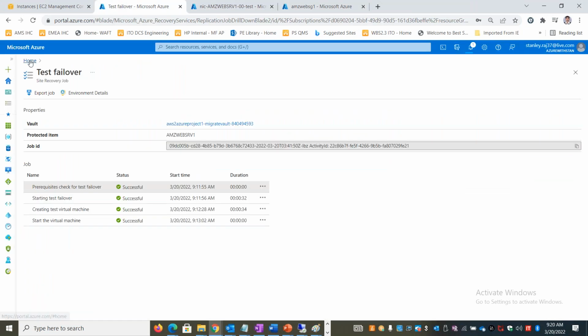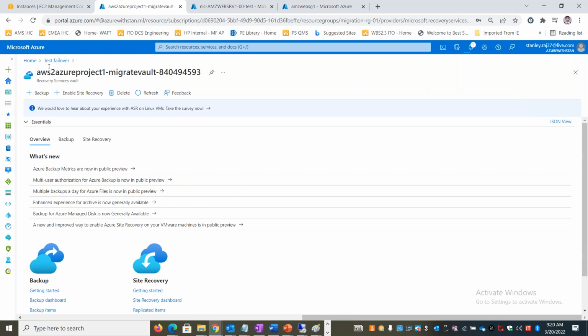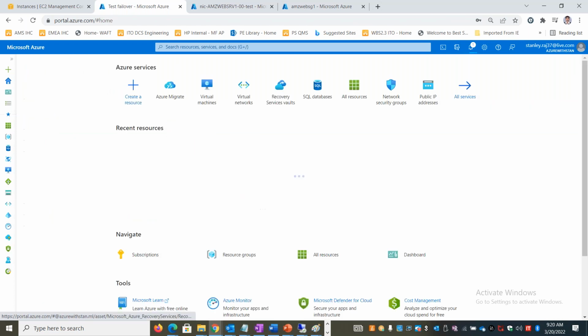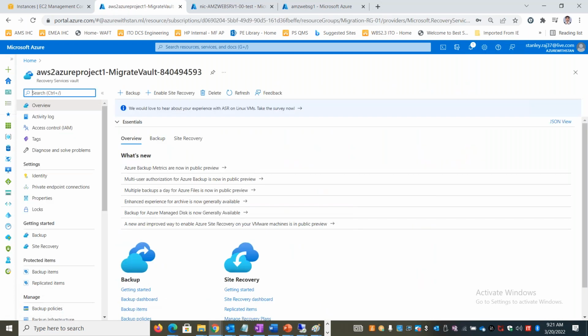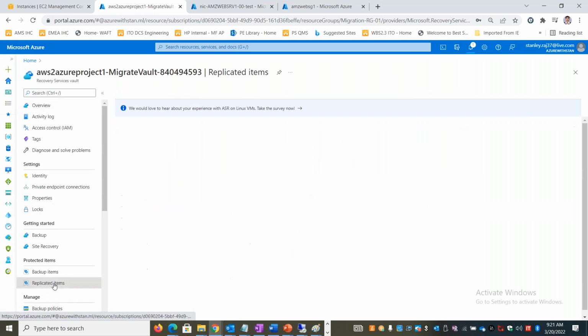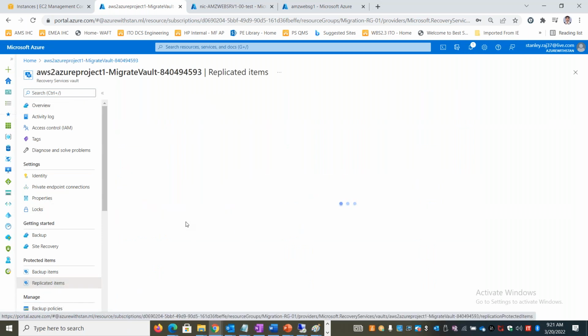So this time, instead of test failover, I'll go to the project and do the actual failover now. Okay, let me go to the replicated item. Let me select the replicated item now.